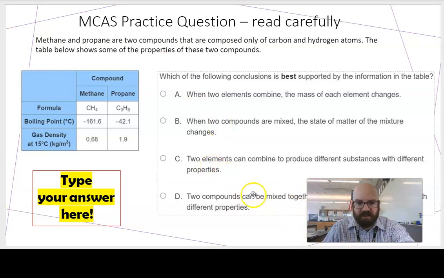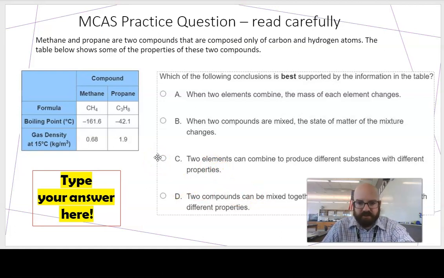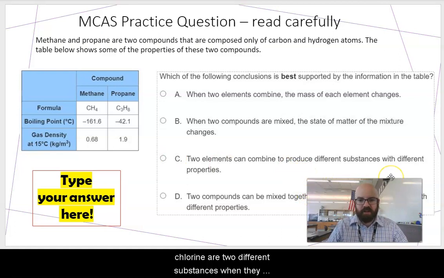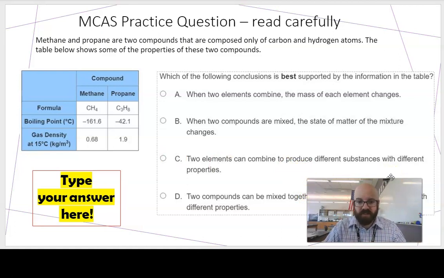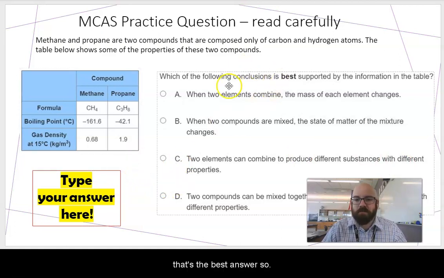Let's see what C says. Two elements can combine to produce different substances with different properties. I think that's true, right? We just talked about how sodium and chlorine are two different substances, and when they combine, they're a new substance called salt. So I know that C is true, but I still need to determine if that's the best answer. So let's see what D says.